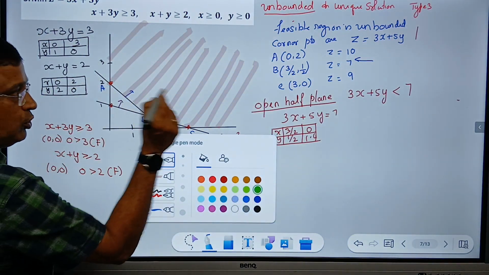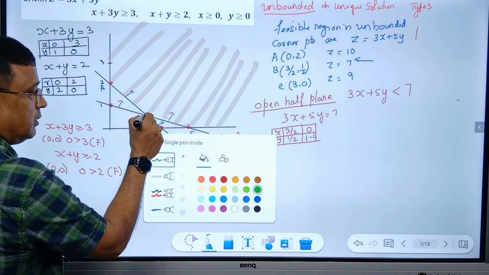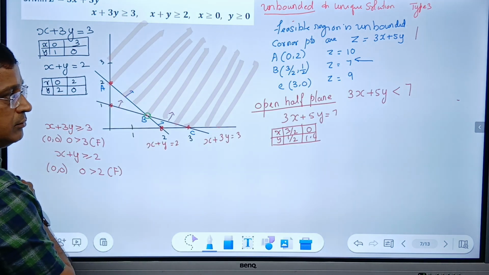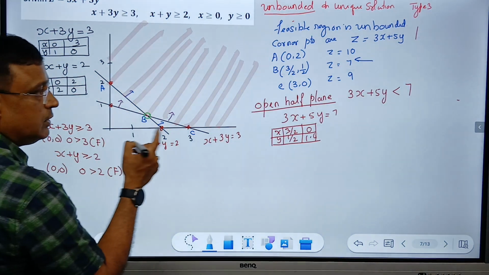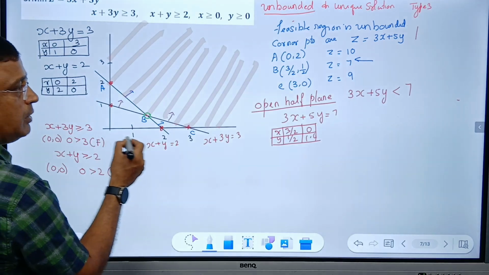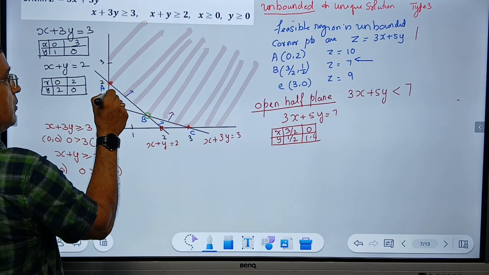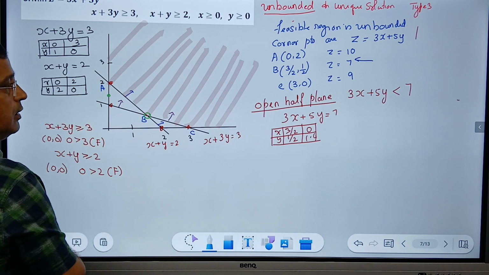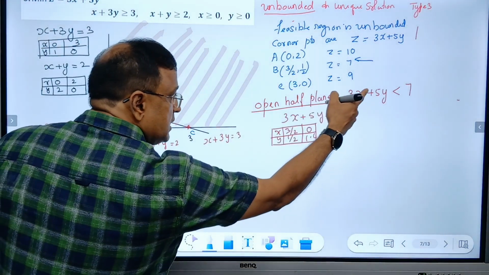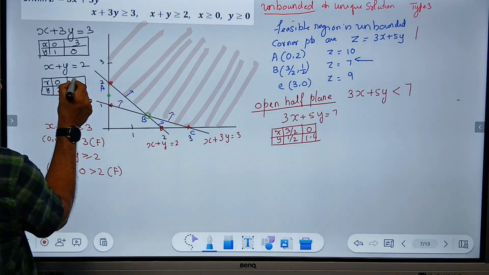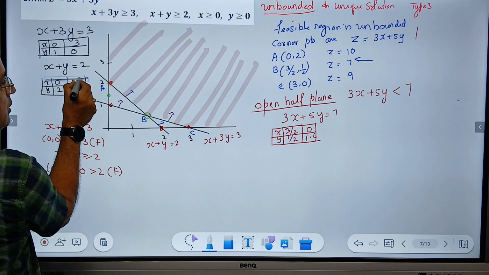I'll circle 3 by 2 comma 1 by 2. The other one is 0 comma 1.4, which will be somewhere here. Okay, now since it is less than, you cannot draw a solid line, you have to draw a dotted line. So I'm going to draw a dotted line.